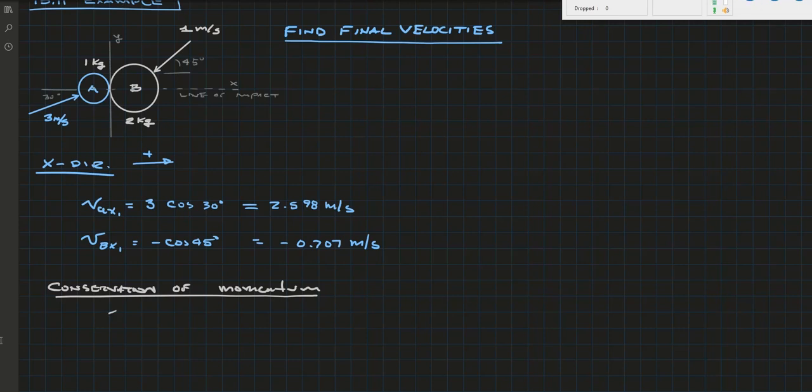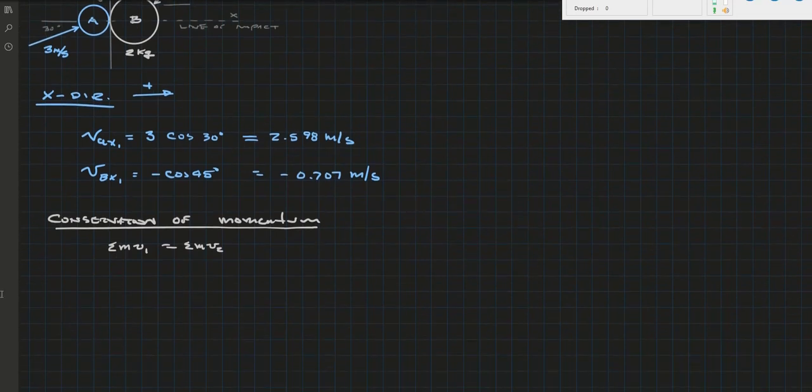So the sum of the masses times the velocity initial equals the sum of the masses times the velocity final, or mass of A times velocity of A x initial, again we're doing this all in the x direction, plus mass B, velocity B, x initial equals the mass A, velocity A, x final, plus the mass B, velocity B, x final.